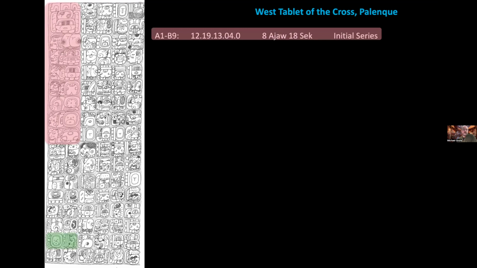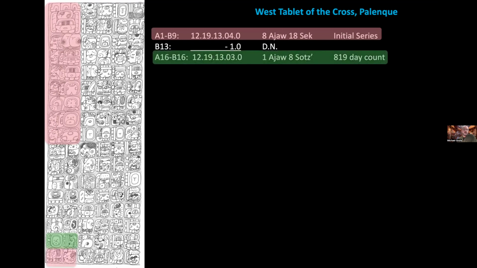That is given as the birth date of, first it counts back by the 819 day count here to a date 1 Ahau, and then 8 Sots, it actually should be 18 Sots in this case. And then we have the birth date, and this is the birth date of the deity who has been named Muanmat, who David Stuart believes is a version of the maize god, and I think he's absolutely right about that.